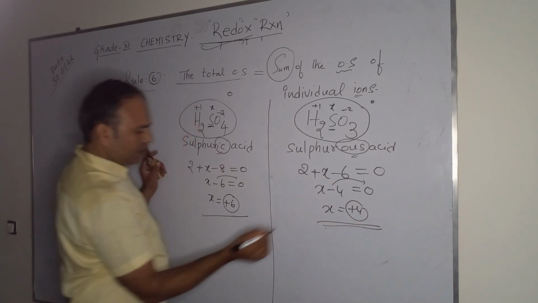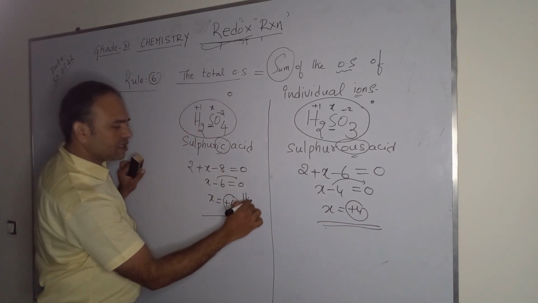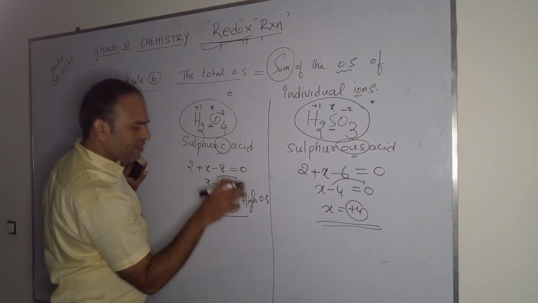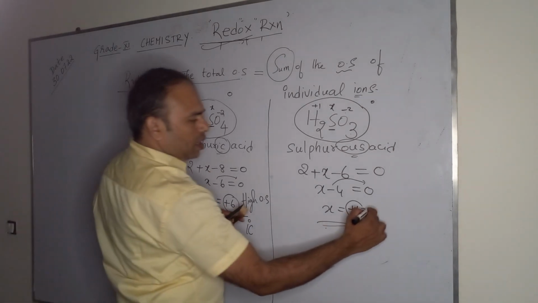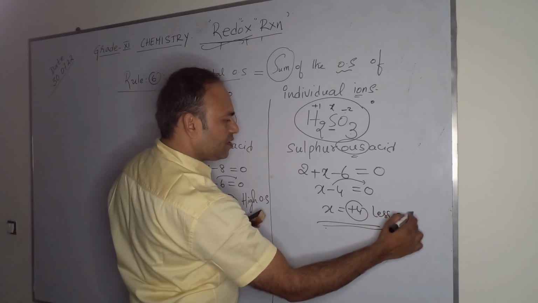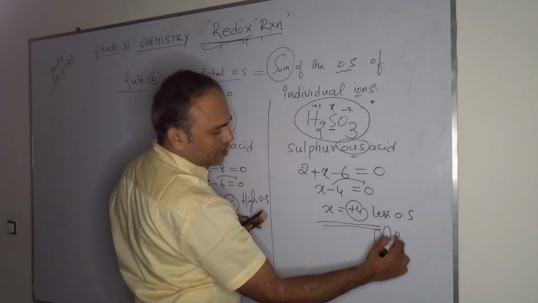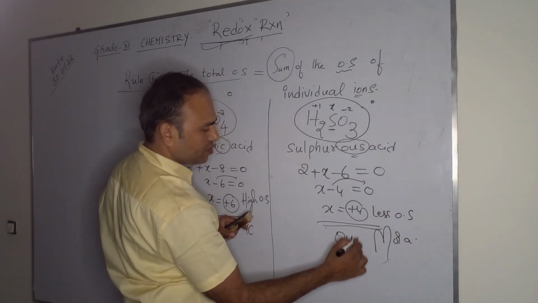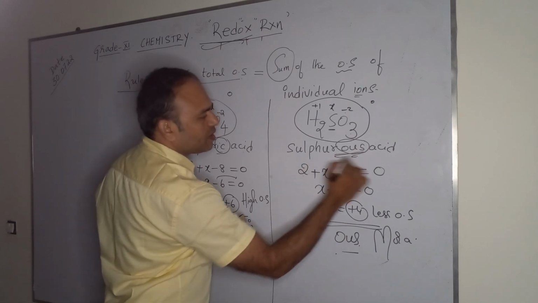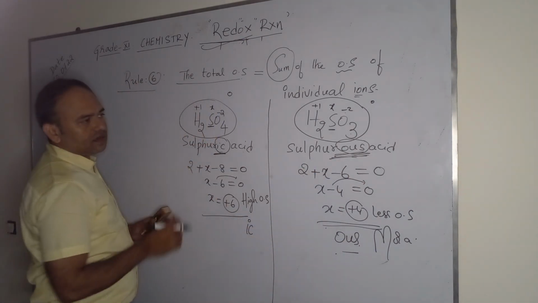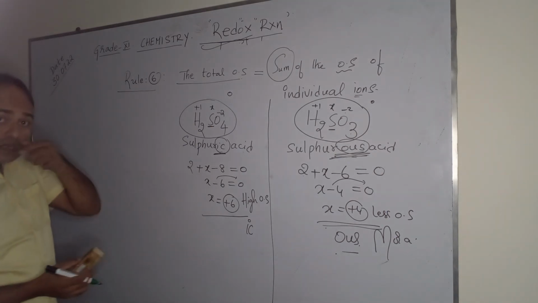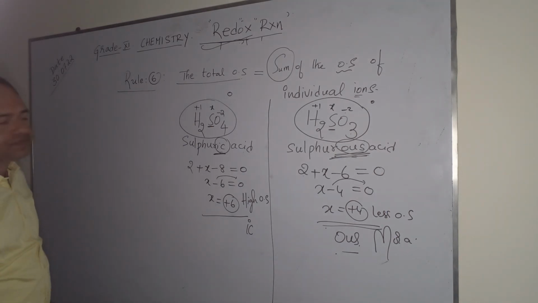Now very simple. High oxidation state, fewer alphabets, means ic. Lower oxidation state, more alphabets, means us. That is why you wrote sulfurous acid here and sulfuric acid there. So hope you have understood all the rules now.